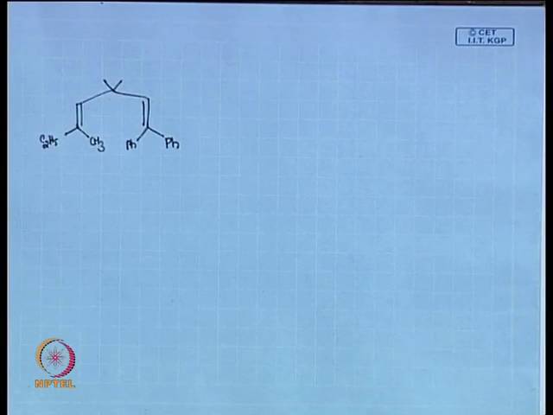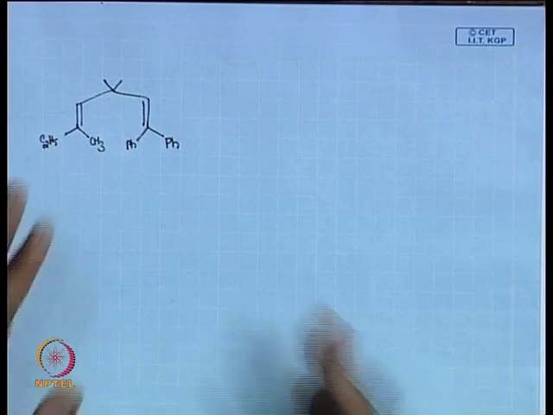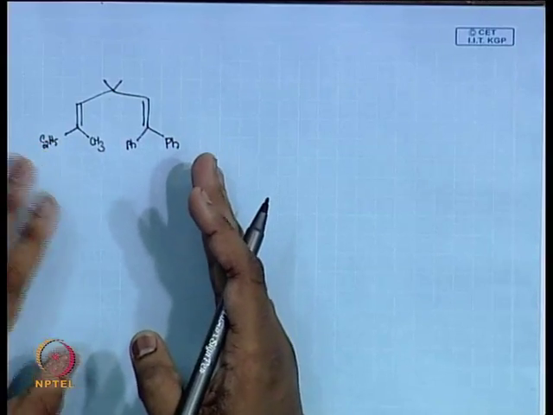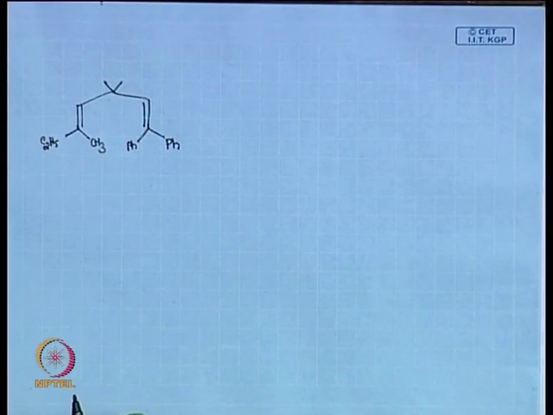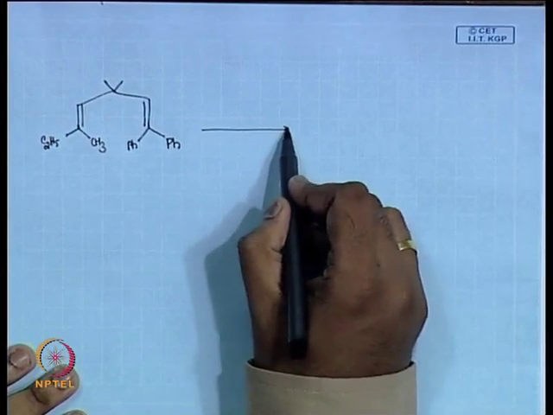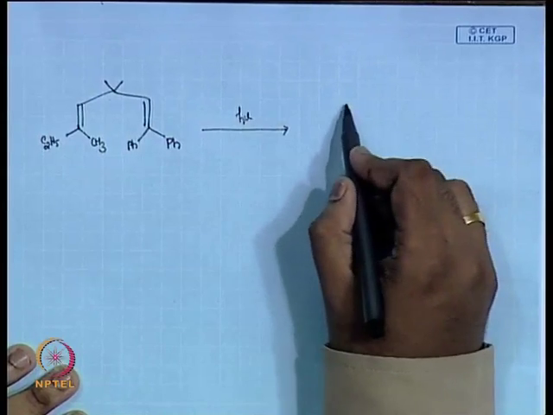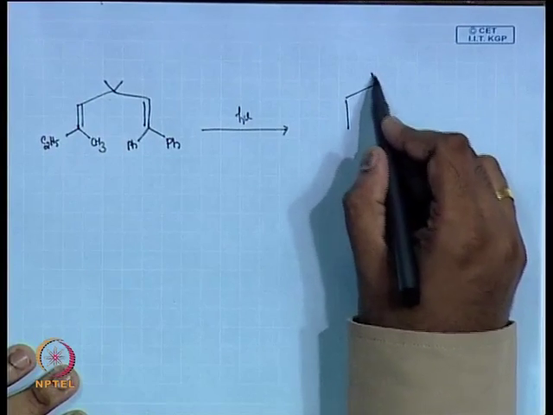Take a system where both of your alkene substitutions are not the same, they are different. This side I have a diphenyl and this side I have ethyl and methyl. So, here it is not a simple di-pi-methane reaction. If I photolyze this, again you will say, yeah, you will get your 1,4 diradical.